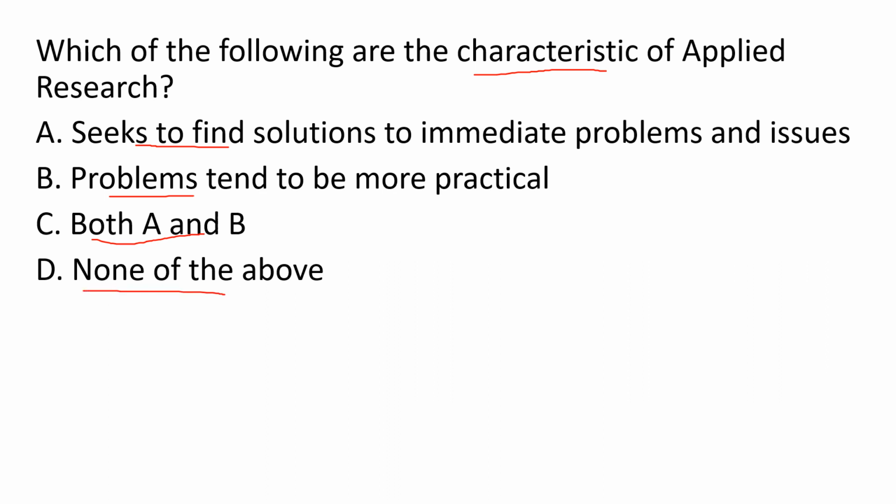So what is applied research and why is it important? Applied research is one type of research in which the problem is established and known by the researcher. So it uses the research to answer a specific question.